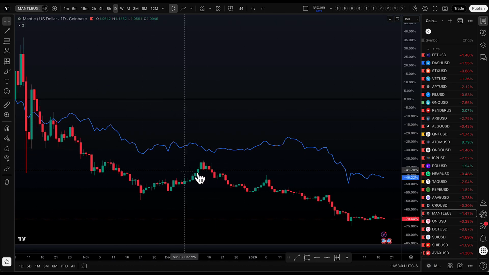If they keep on coming down, they could come back up. But if they have no market interest, well, hey, guess what? You could lose so much money, at least in the meantime. Even unrealized losses take time away from you. And from that 0% line here, we can see that Mantle is down over 70%. Ouch. That's a lot of loss to take.